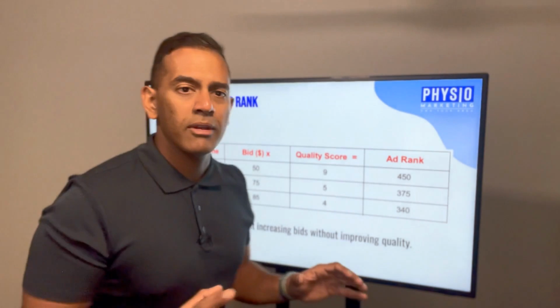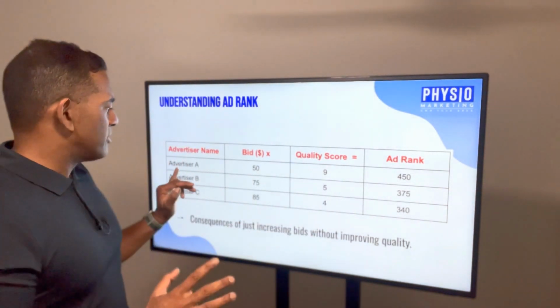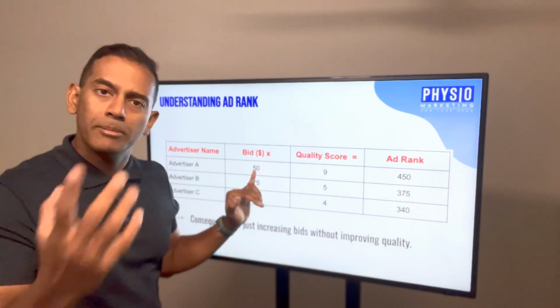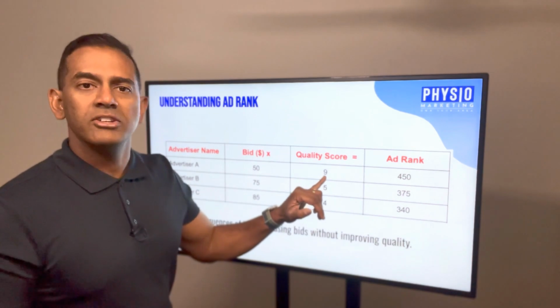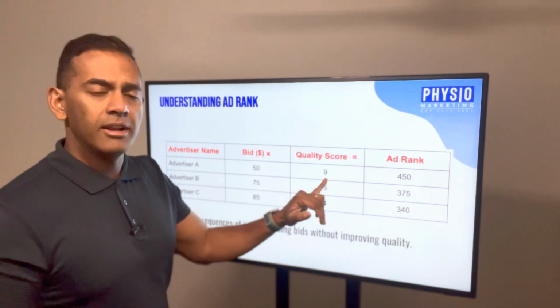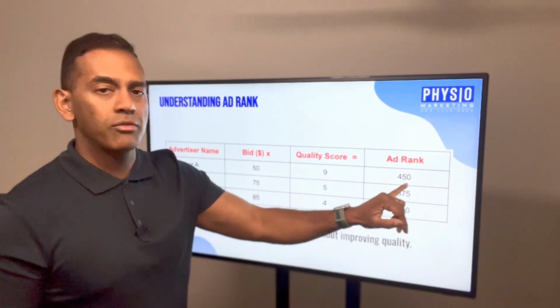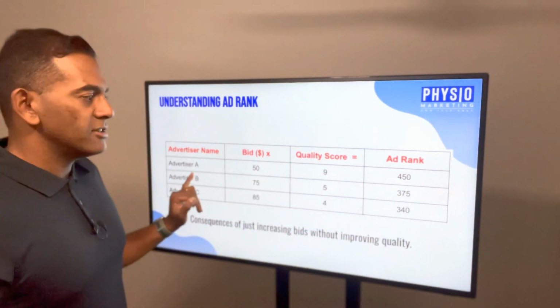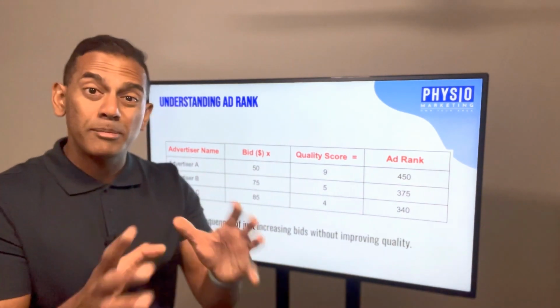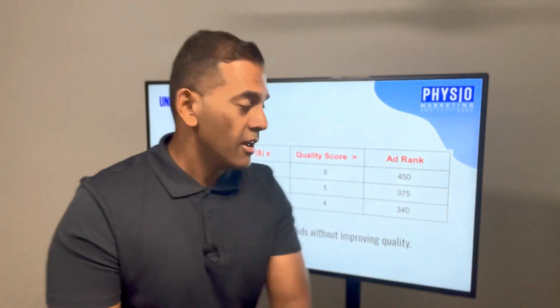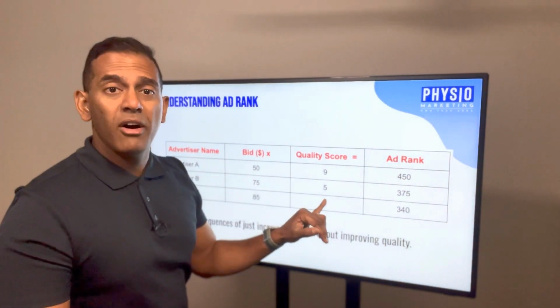I've got a table here. Advertiser A, their bid or their CPC is 50, and their quality score is 9. So 50 times 9 is 450. Their ad rank is 450. But advertiser B is bidding $75, 50% more than what you're bidding, but their quality score is only 5.